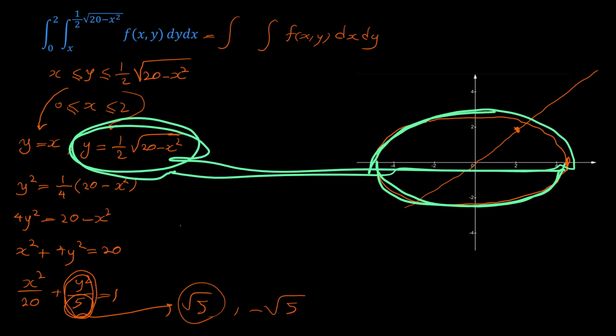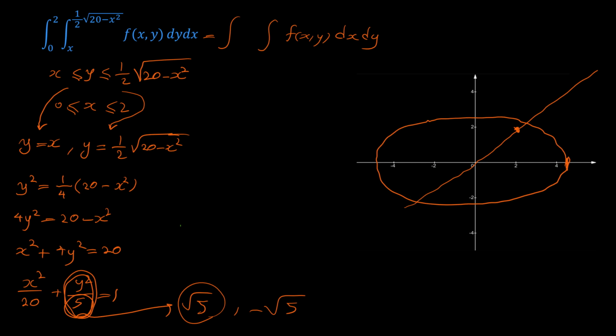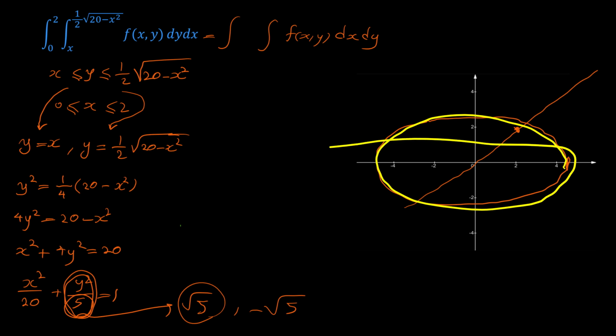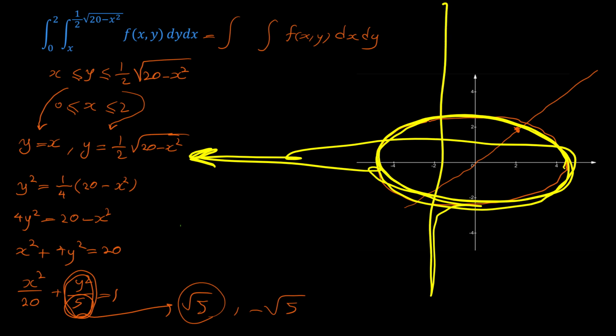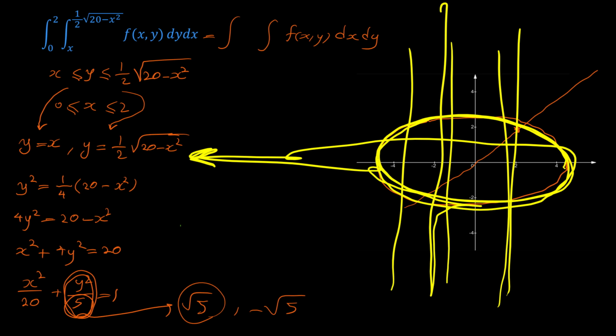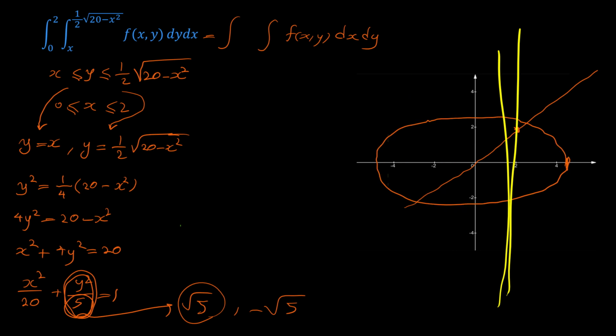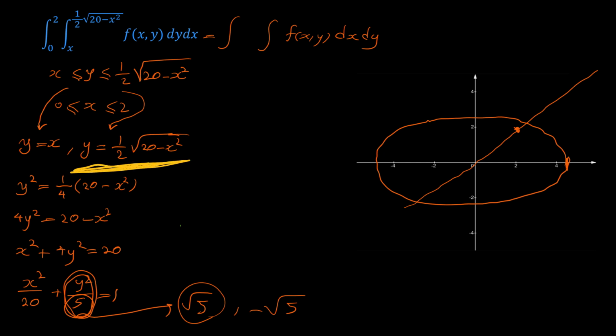First of all, if we consider all of this as the graph of this function, then this graph is not a function, because if we draw vertical lines, they intersect the graph at more than one point, and we know that when we draw vertical lines, they should intersect the graph at most at one point. So this cannot be the graph of this equation.